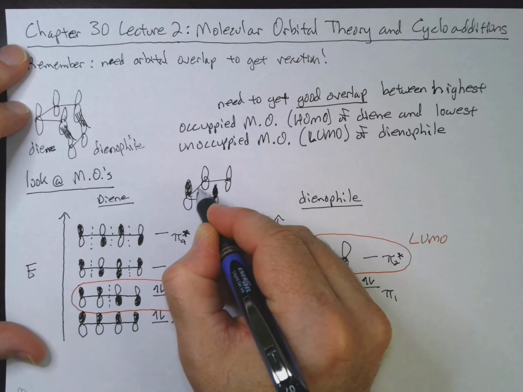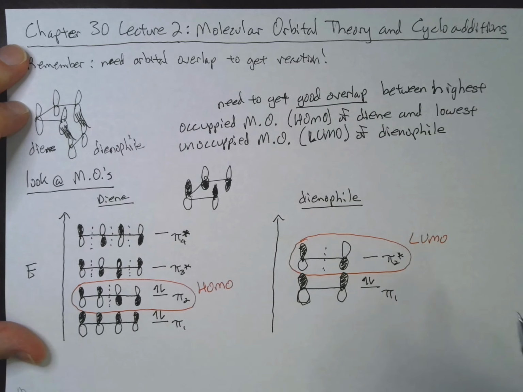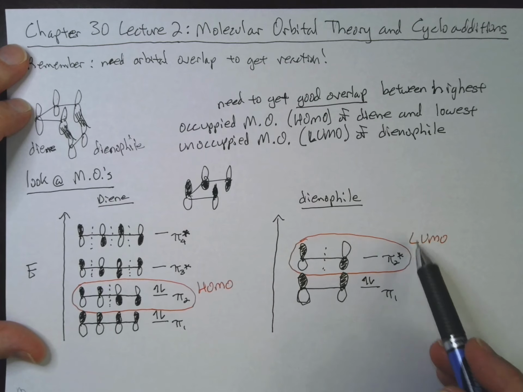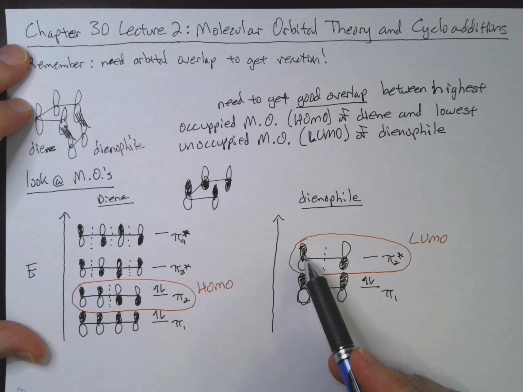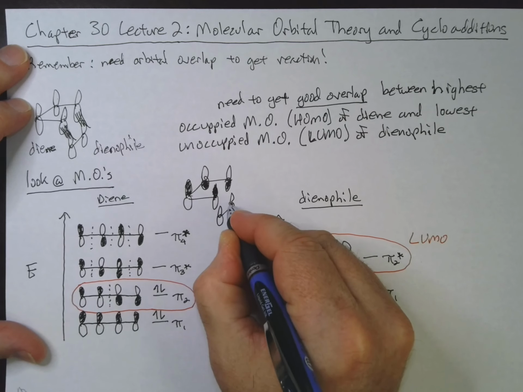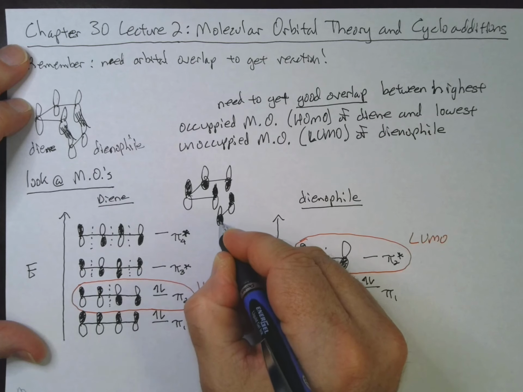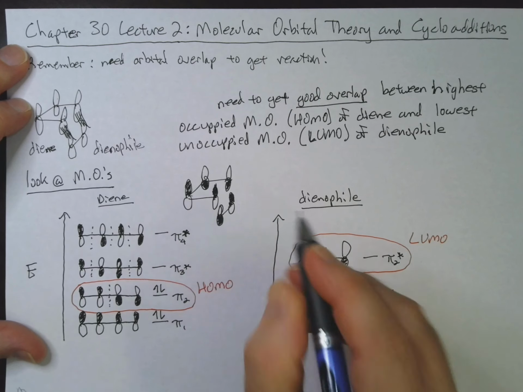My node is right there, so then the bottom ones are shaded over here. And if I look at the LUMO of my dienophile, I see that one end is shaded, and the other end I've got the opposite phase.